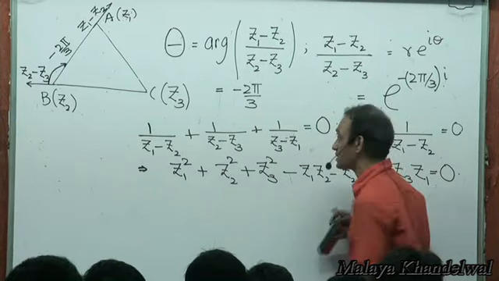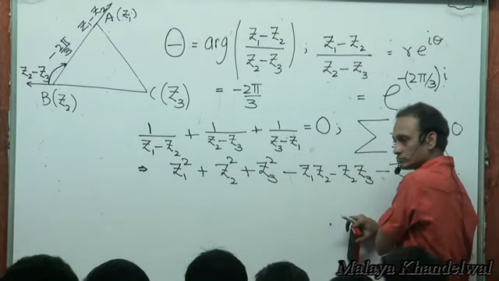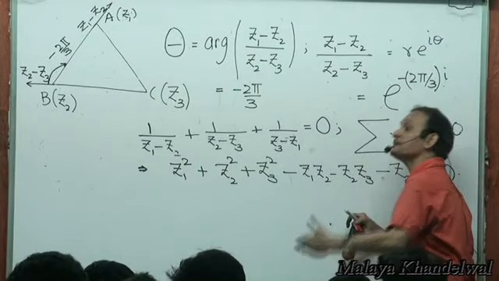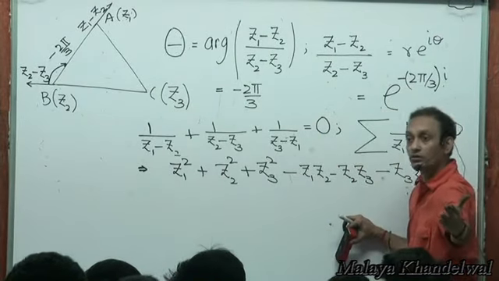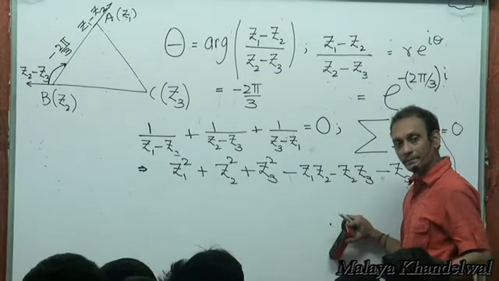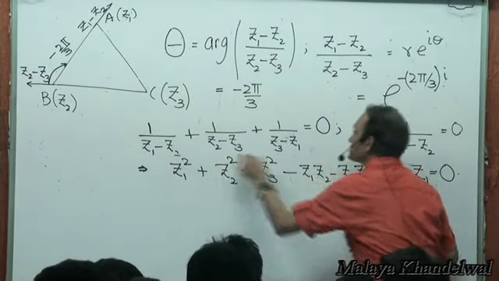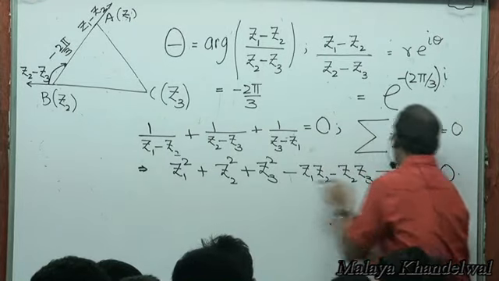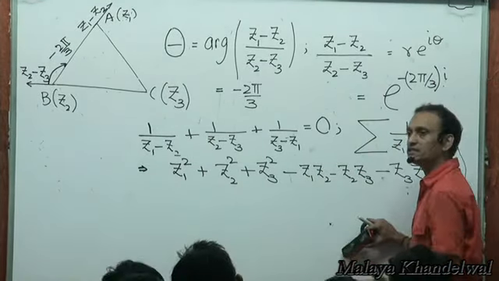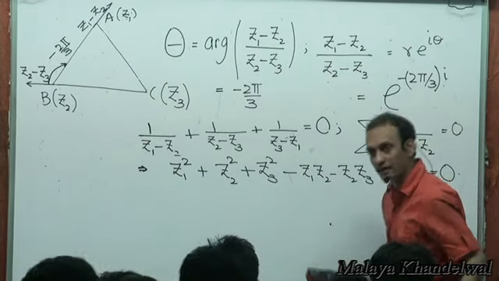That's the converse of this result. That means given this as 0 or this as 0, is the triangle equilateral or not? That needs to be examined, right? Let's do that. Given that this is 0, this will also be 0. I want to check whether the triangle is equilateral or not. Clear?